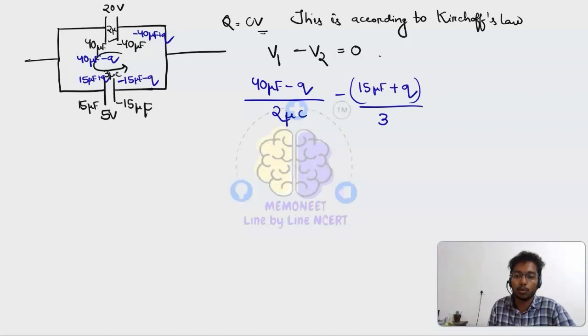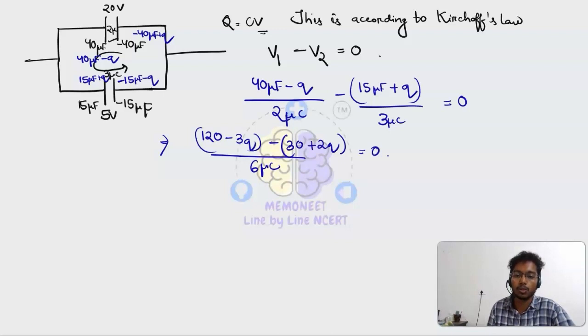This is 2 microcoulomb and this is upon 3 microcoulomb, equal to 0. So if we solve this, LCM is taken as, let's say, 6 microcoulomb. So we have 40 into 3, 120 minus 3Q, and minus 2 into 15, that is 30, plus 2Q. This will be equal to 0.